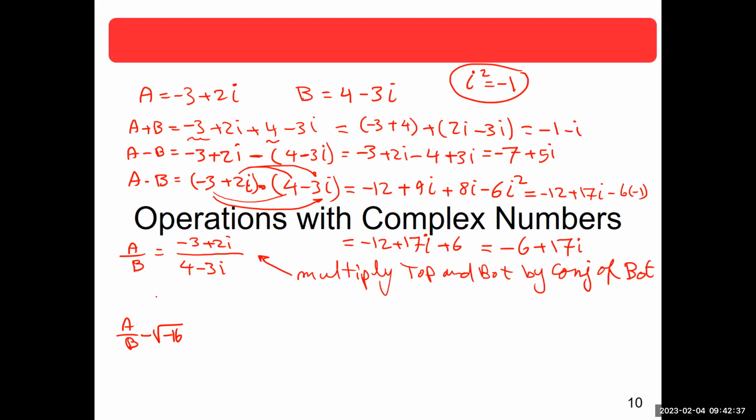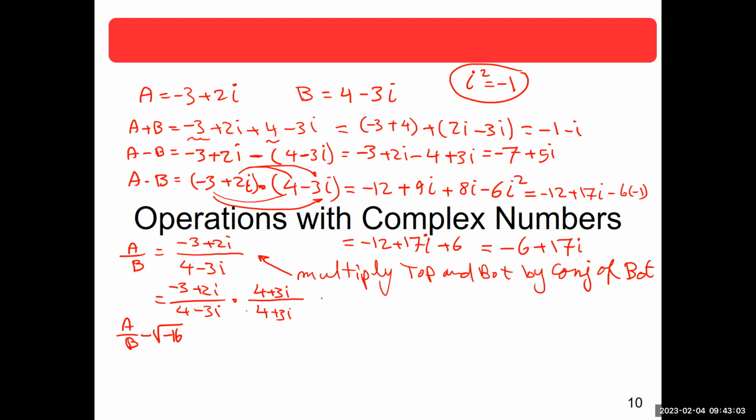So what's going to happen here? Let's do that. Negative 3 plus 2i over 4 minus 3i. What's the conjugate of the bottom? 4 plus 3i over 4 plus 3i. You can see here it's like we've done nothing. This is equal to 1. But why did I do that? Because I can multiply top and top, bottom and bottom.